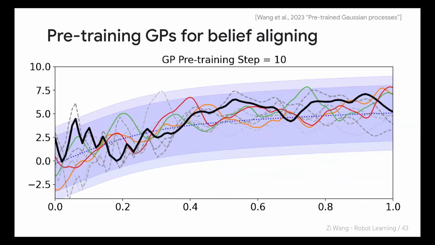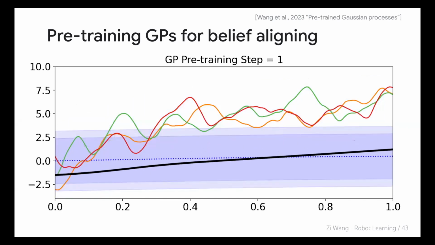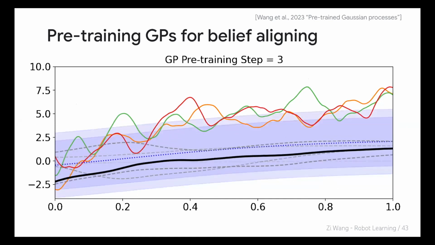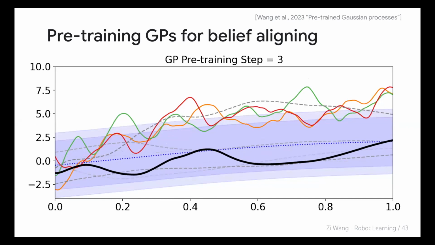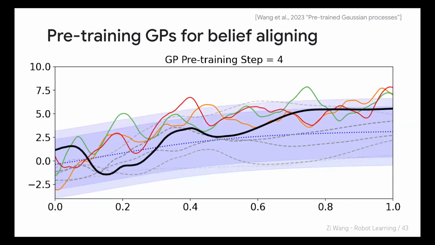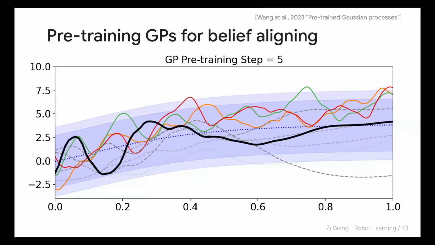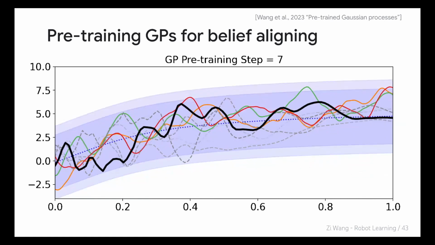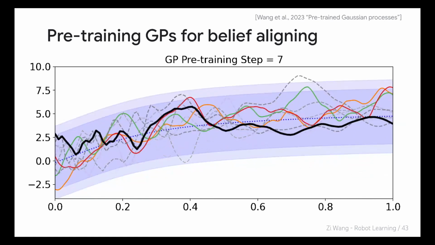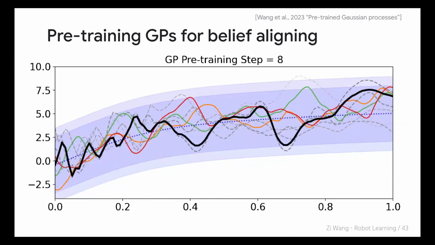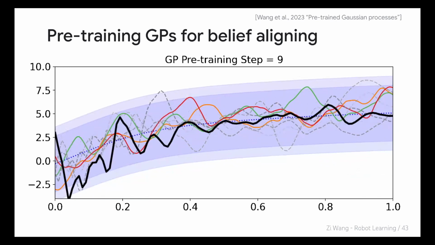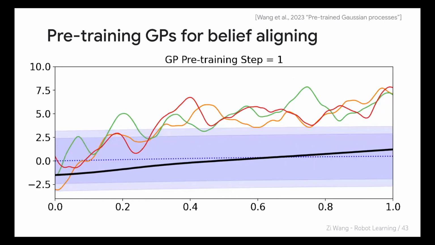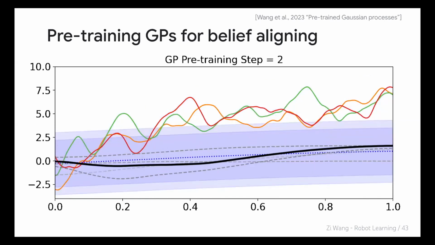So for this particular pre-training method, the way we're thinking about it is, let's look at KL divergence between the underlying ground truth, so what the expert belief is, and the model. So we want to minimize the KL divergence between the ground truth and the Bayesian prior that we are going to assign to the robot. And in this particular paper, pre-trained Gaussian processes for Bayesian optimization, we developed several different variants of objectives so that we can minimize that KL divergence.